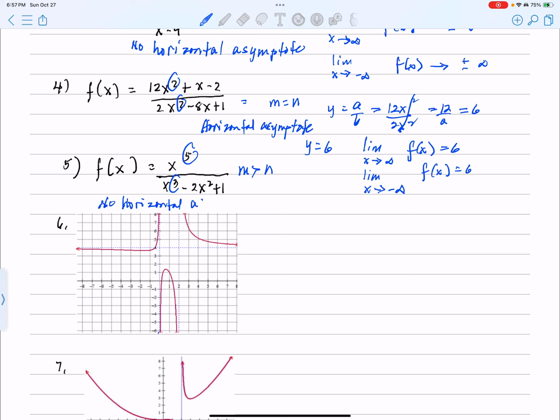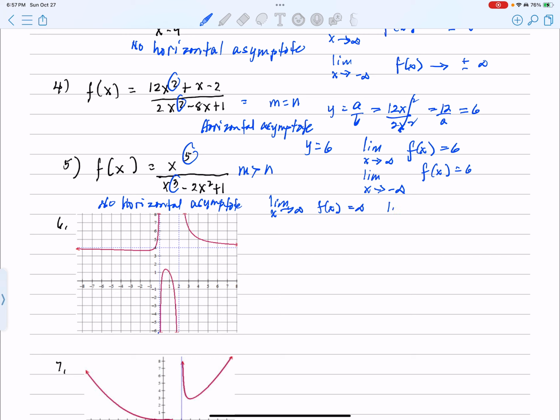So maybe it will go to a positive or a negative infinity in this case. So we have the limit as x approaches positive infinity, our f of x here would be positive infinity.